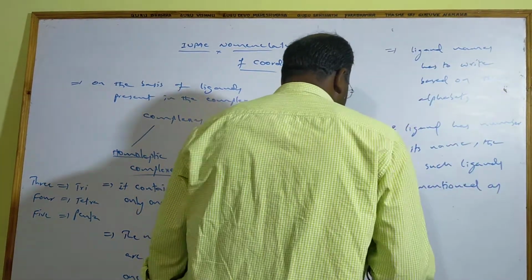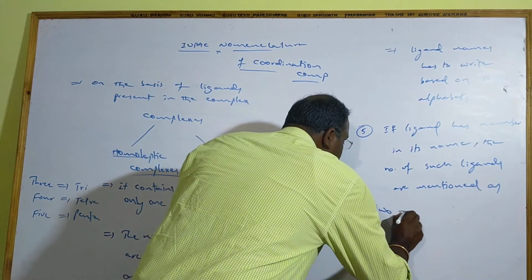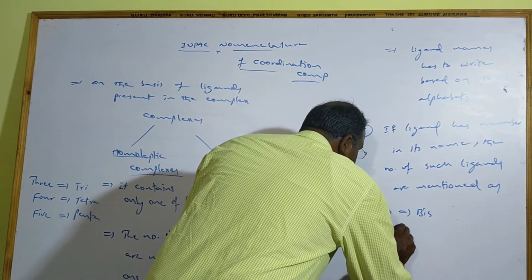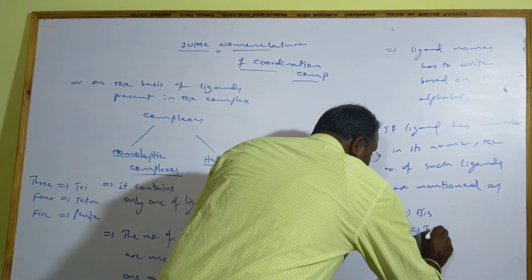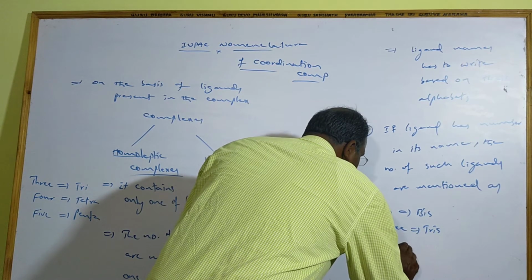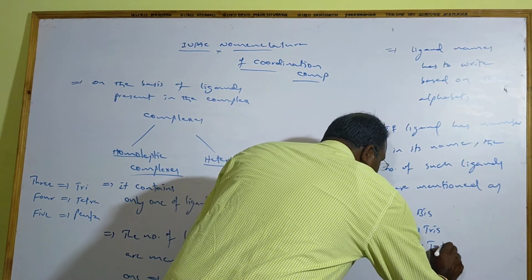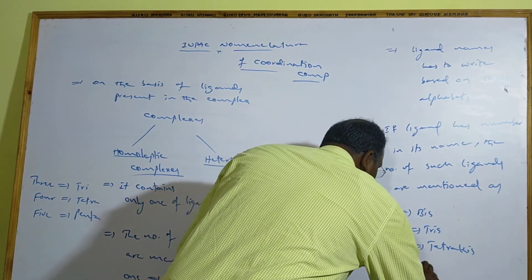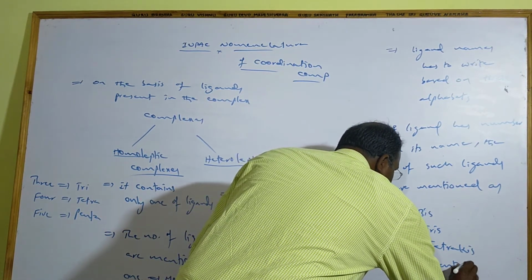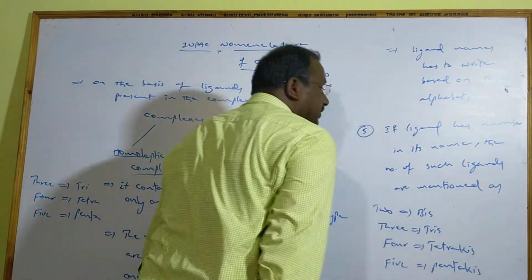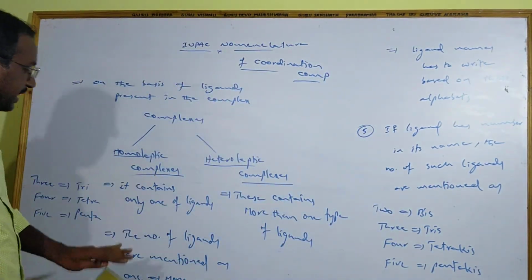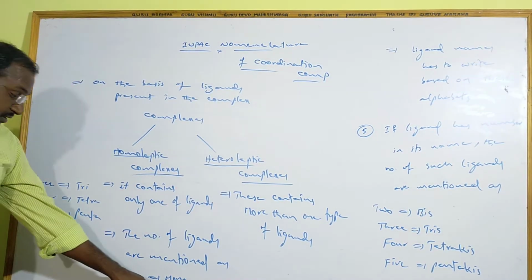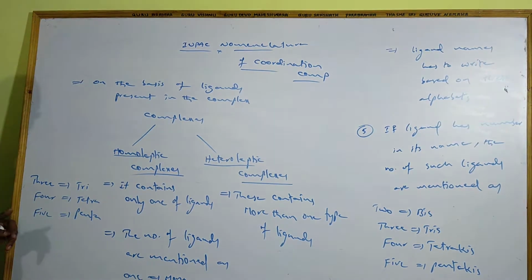For 2 ligands, we have to write bis. If 3 ligands are there, we say tris. If 4 ligands, tetrakis. And if 5 ligands, pentakis. But if there is no number in the ligand's name, we write mono, di, tri, tetra, penta.